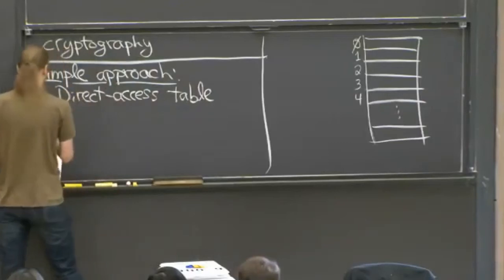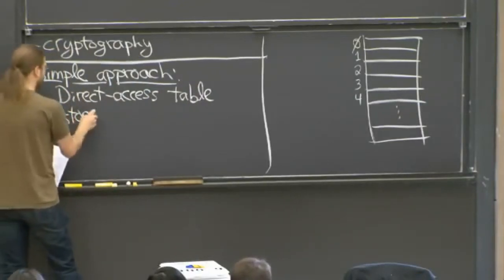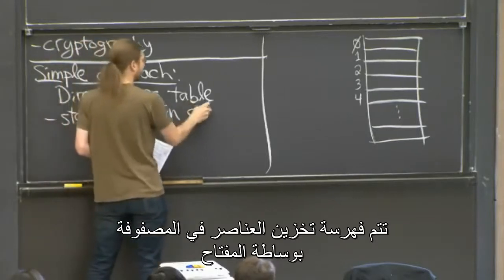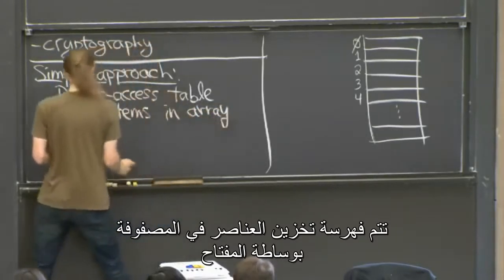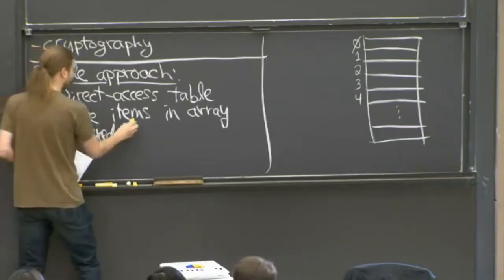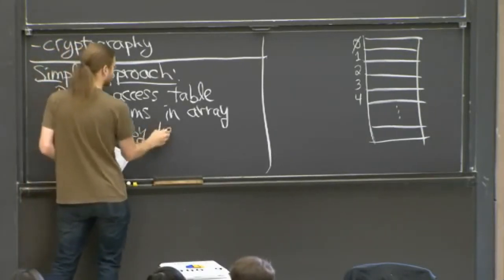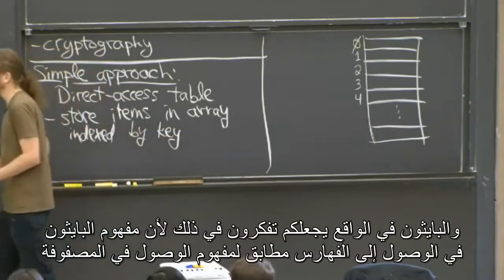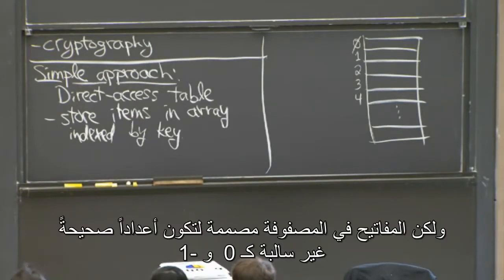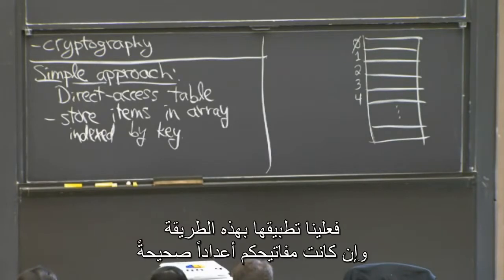So store items in an array, indexed by key. In fact, Python kind of makes you think about this because the Python notation for accessing dictionaries is identical to the notation for accessing arrays. But with arrays, the keys are restricted to be non-negative integers, 0 through n-1. So why not just implement it that way?